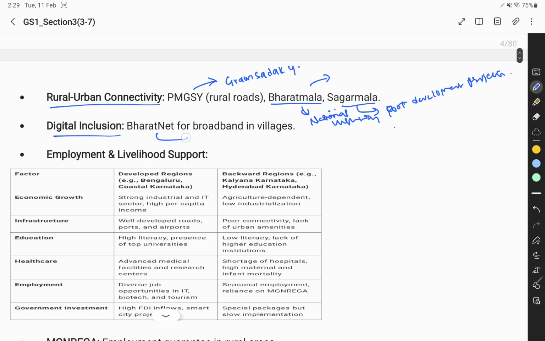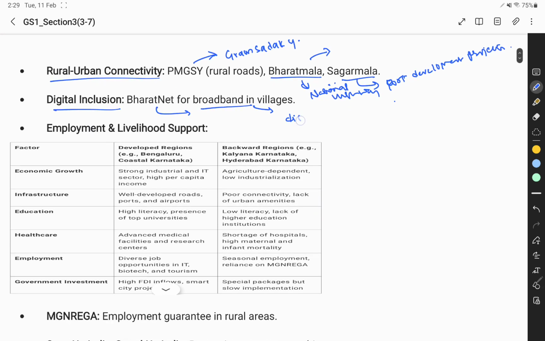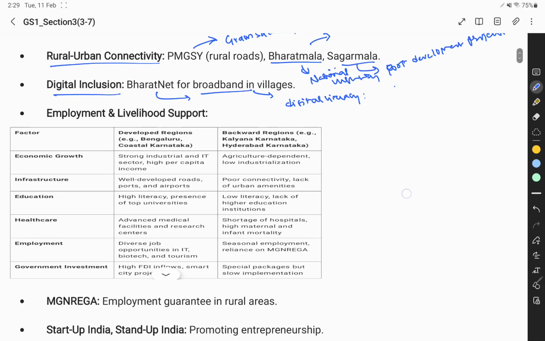Then digital inclusion: we have BharatNet broadband in villages. Then for digital literacy we have PMGDISHA, Pradhan Mantri Gramin Digital Saksharta Abhiyan.